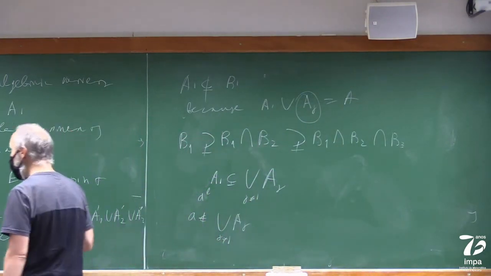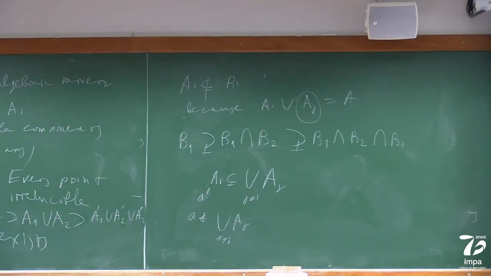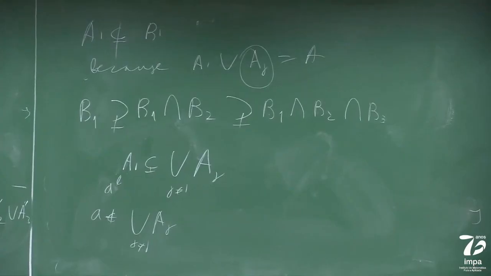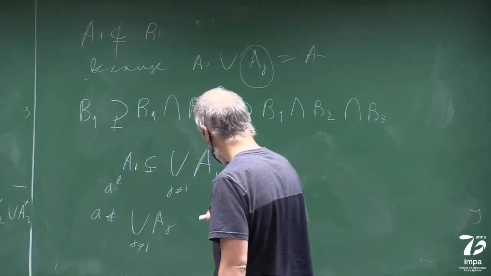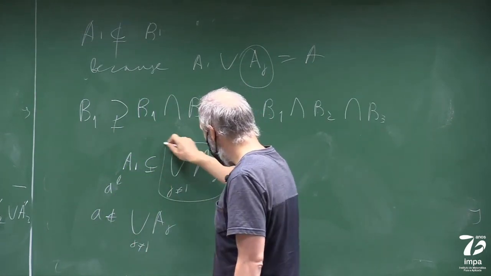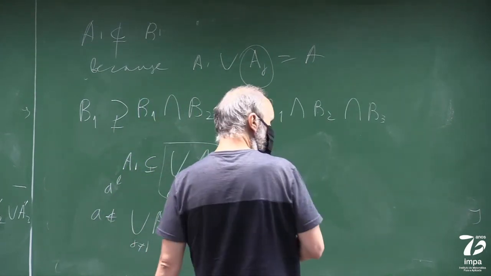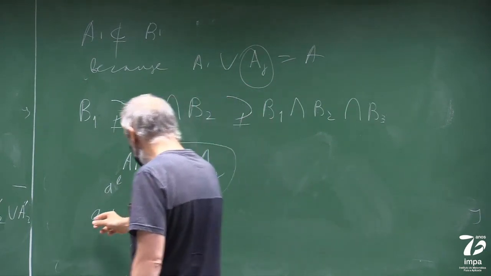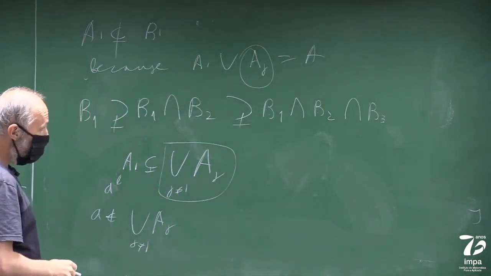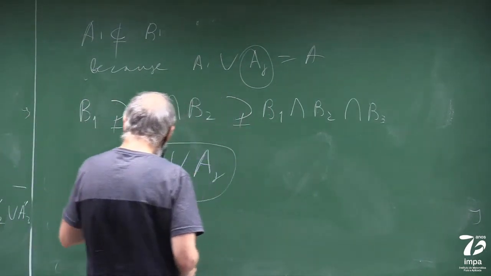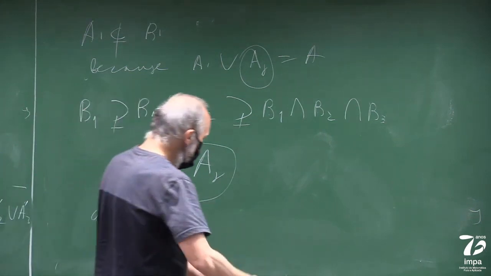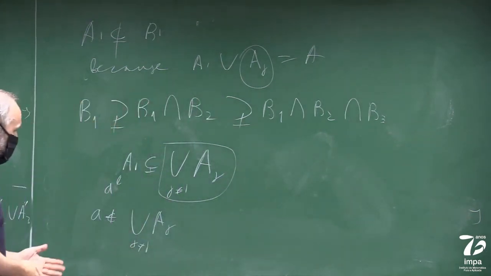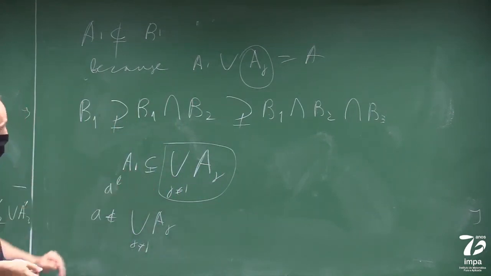Then first, this immediately implies that the algebraic closure of the rest doesn't contain this point, because this is an algebraic set. This decomposition of algebraic sets, Ai is one algebraic set, the union of the rest is another, and this is a strict decomposition because you have a point which doesn't belong to the rest.